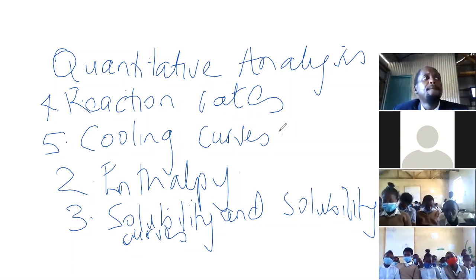First area, quantitative analysis, which is mainly about measurements, performing experiments where we measure temperature, volume, and time, record those measurements in tables, and use the values in tables for calculations or for graphs.